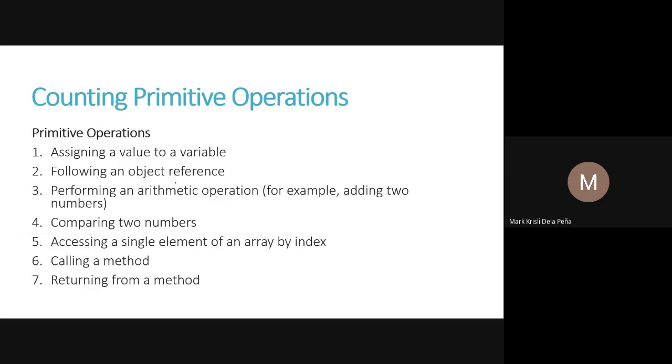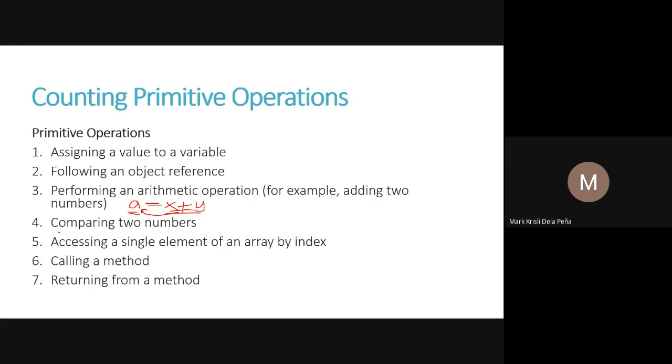Following an object reference is another operation. Performing an operation, for example, adding two numbers might be composed of three operations. For example, if I have A is equal to X plus Y, I actually have two operations here. The first one is the addition, and the second one is storing the value of the sum of X and Y to A. So that is how we count the operations.